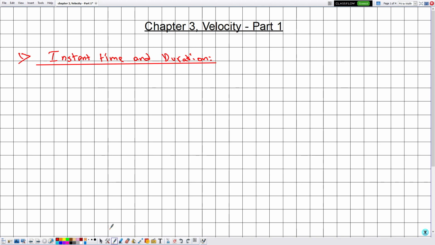Then let's define the duration delta t to be given by delta t is equal to t2 minus t1.